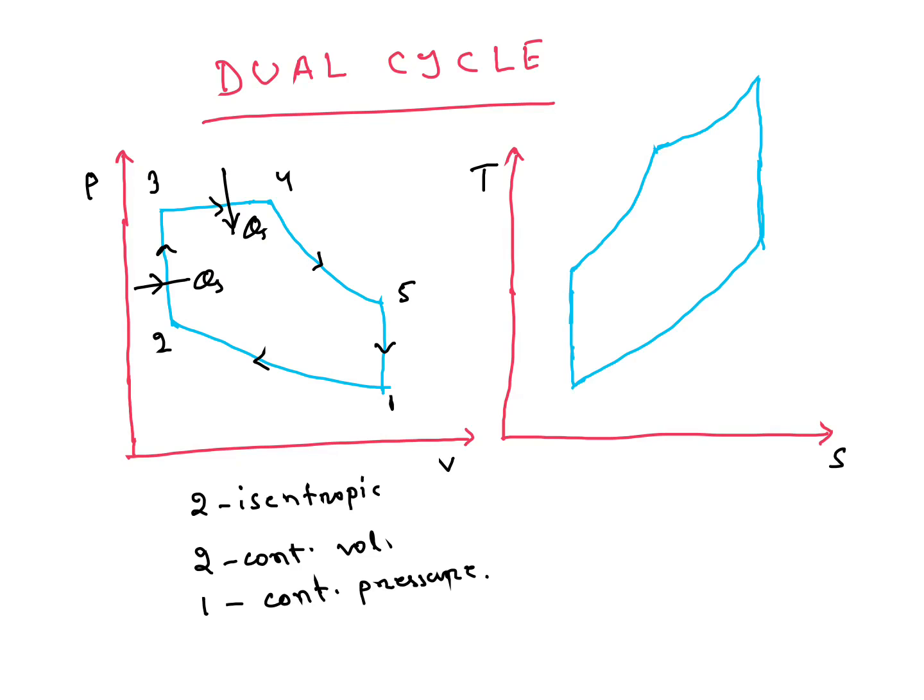Like this here, 1 to 2 isentropic process, 2 to 3 constant volume heat addition, 3 to 4 constant pressure heat addition, then 4 to 5 isentropic process, 5 to 1 constant volume heat rejection.